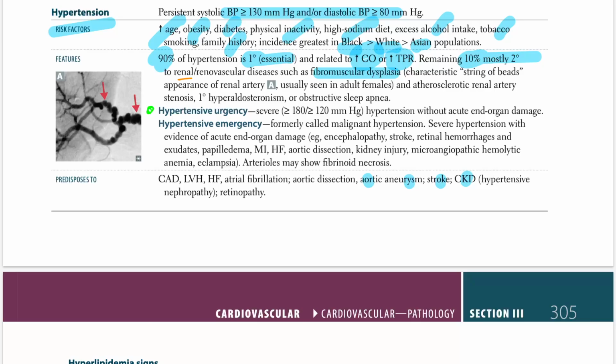Second thing, you can have atherosclerotic renal artery stenosis, high yield. Third point could be you can have high aldosterone due to primary hyperaldosteronism, high yield. Or the last point, you could have OSA, obstructive sleep apnea, in which case you just have hyperstimulation, or hyperactivity, I should say, of the sympathetic nervous system, causing hypertension.